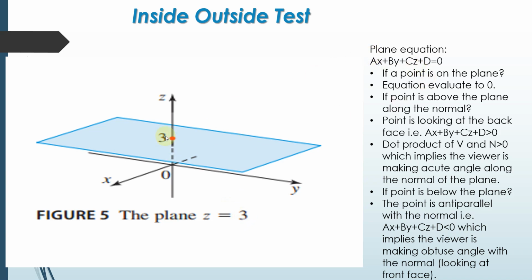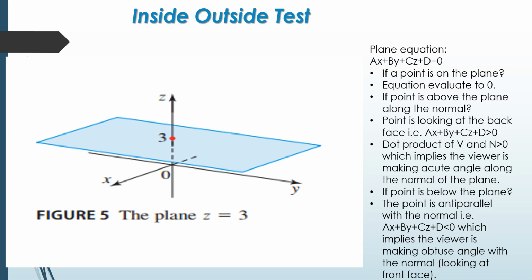If we put this point in the plane's equation, x equal to 0, y equal to 0 and z equal to 3, so 3 equals 3. This equation is satisfied, so this point is on this plane. In general form, ax plus by plus cz plus d will be equal to 0 if the point is on this plane.